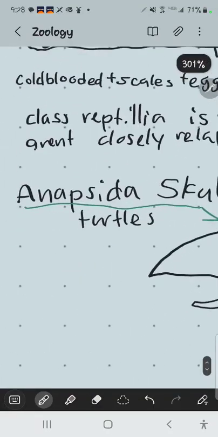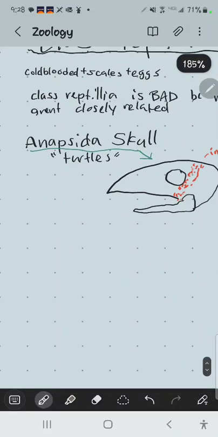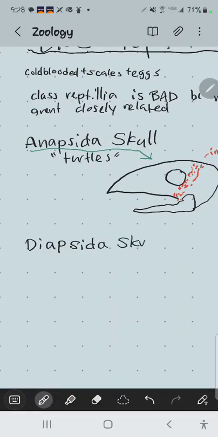So let's go ahead and draw this, the diapsida skull. And this includes reptiles plus crocodilians plus birds.